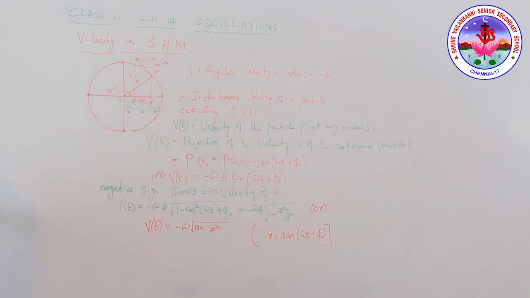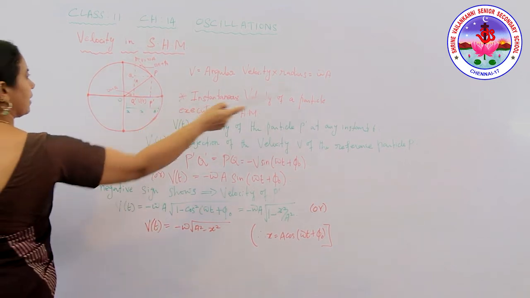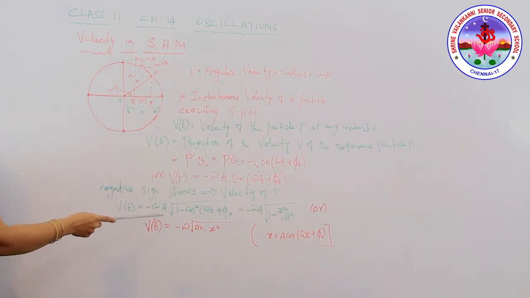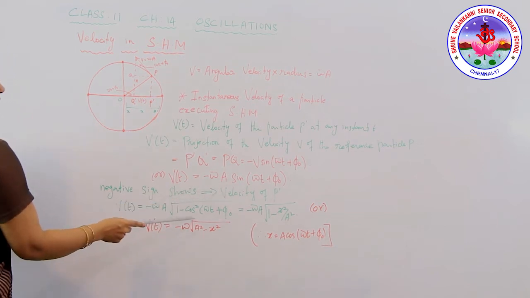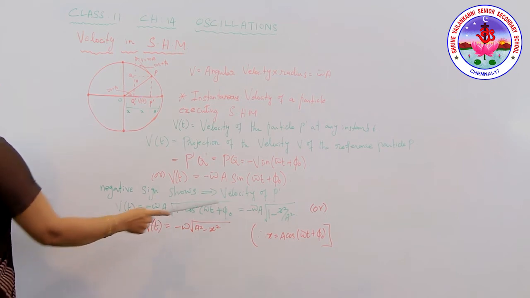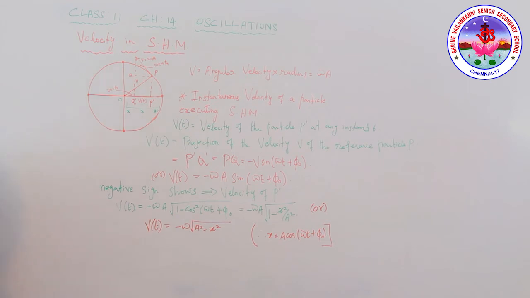Now V of t is equal to minus omega A, because V is equal to omega A, so we substitute minus omega A and root of 1 minus cos squared of omega t plus phi naught, since sine theta is root of 1 minus cos squared theta.